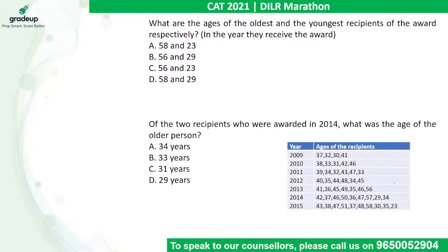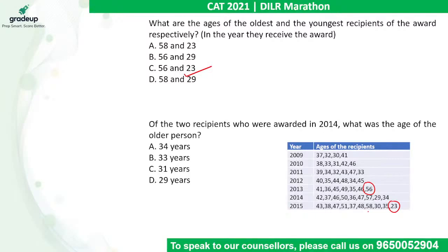So youngest is 23 जिसको लास्ट में मिला and oldest is 56. These are the new recipients. So oldest is 56. Although his age is 58, it is saying that in the year they received the award, you will count for the year that they received. So 23 and 56. Okay.